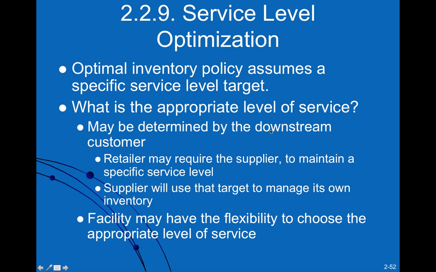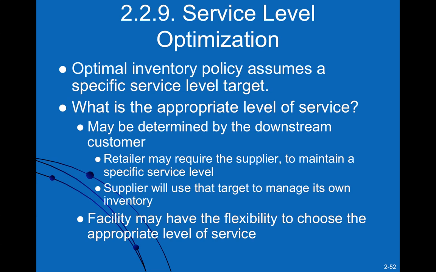Okay. Let's talk briefly about this concept of service level optimization, which is essentially recognizing that service levels have cost implications. So the higher the service level, the greater the cost. So the optimal inventory policy assumes a specific service level target. What is the appropriate level of service that you actually want? And so it could be set by a customer who says, listen, I would like to make sure that we don't run out of stock more than 3% of the time.